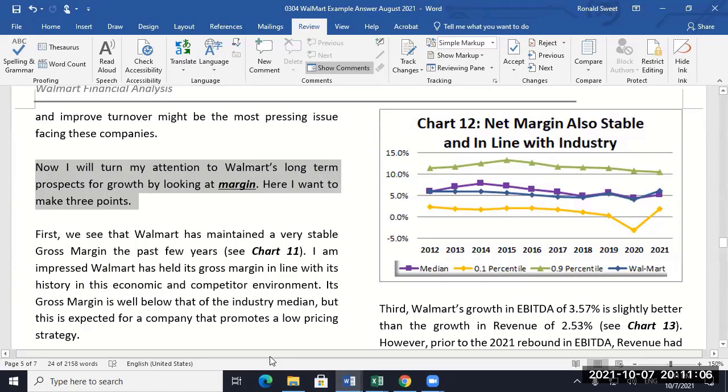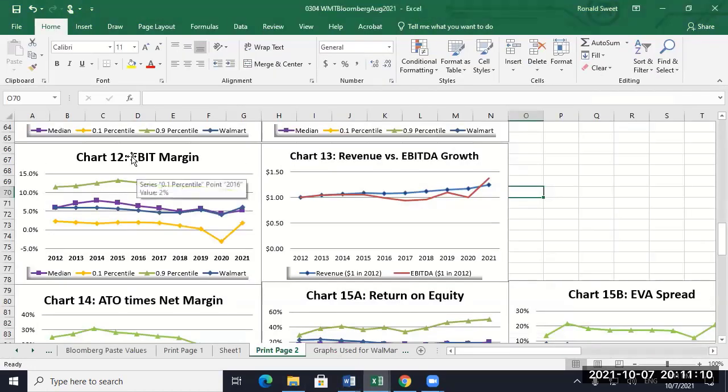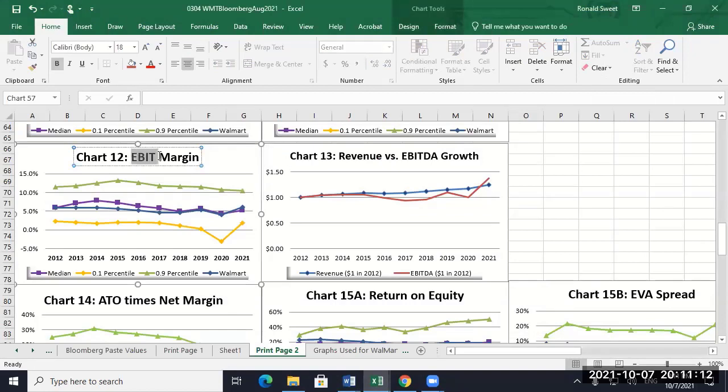I should have put that in the chart; y'all need to do that. This is how I know if anyone's paying attention to me. So when I get to this chart, I'll know whether you have net margin or EBIT margin. EBIT is a net margin. Net just means you're subtracting a bunch of things. So the gross margin is before SG&A, the net margin is after SG&A, but it could be after some other things as well.